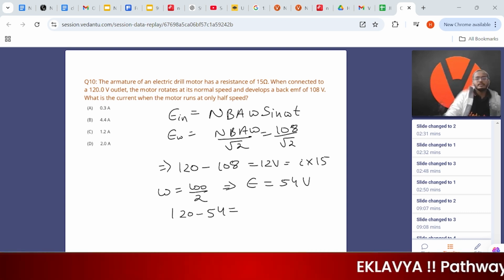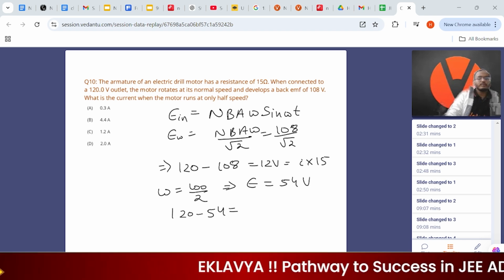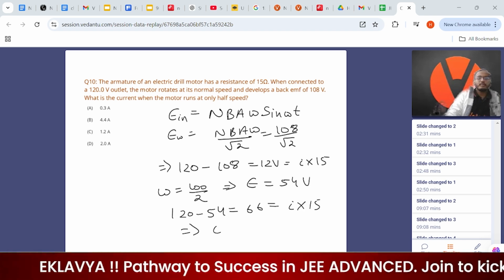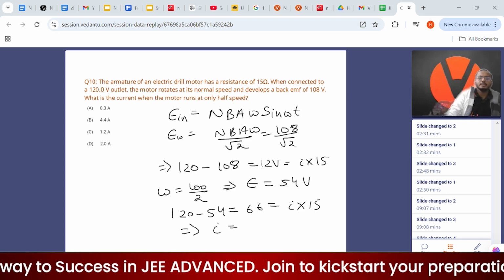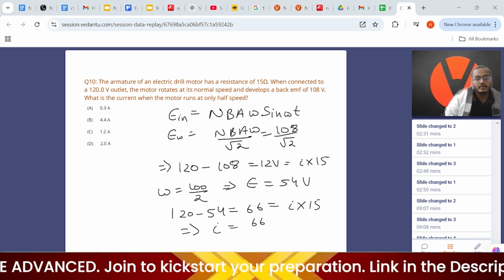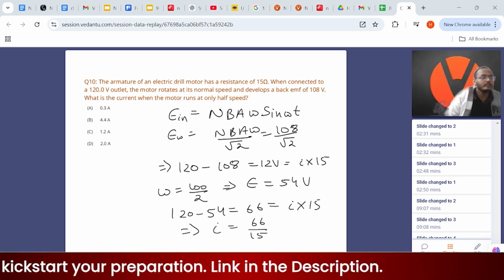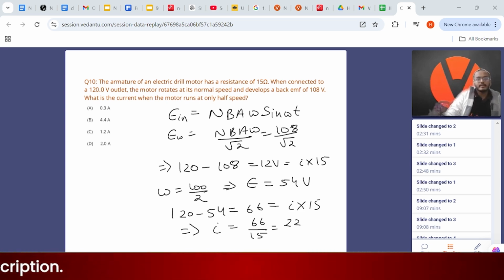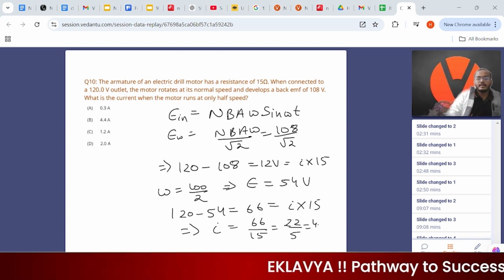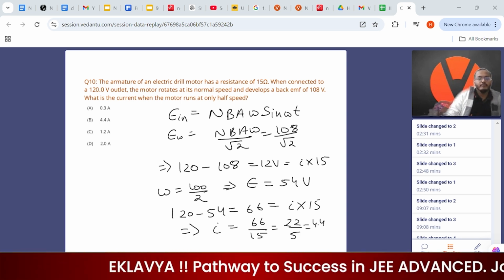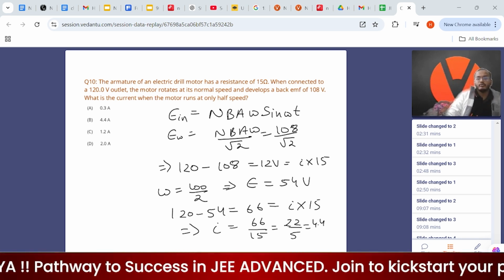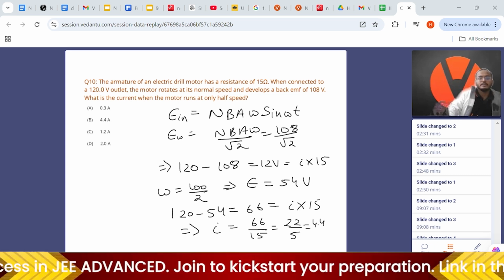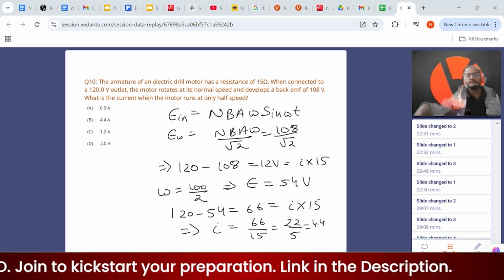It will again be equal to I into 15, because this is not going to change, right? So from here, current will be equal to 66 divided by 15, which is 22 upon 5, and it will be equal to 4.4 amperes. Hence option number B is the correct answer.